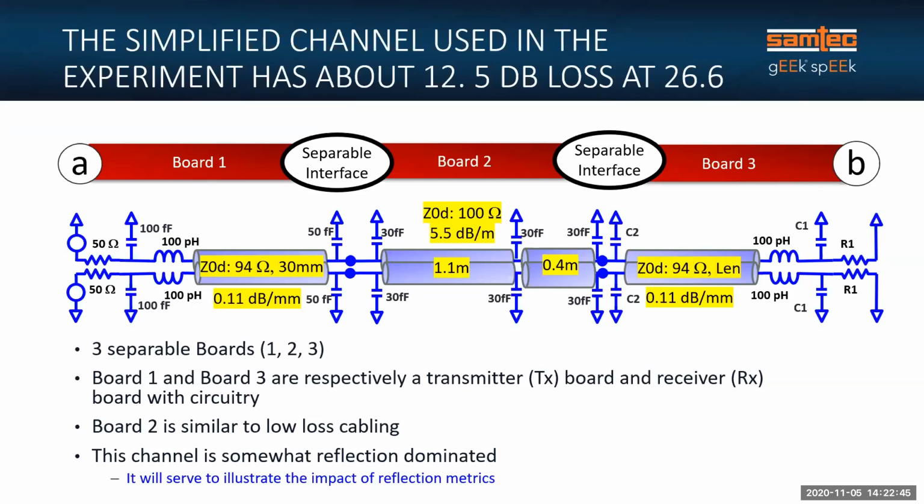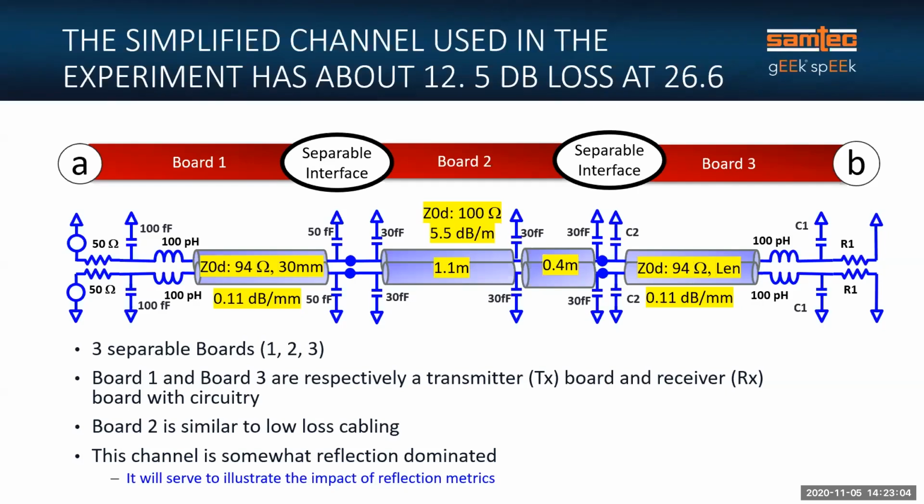Now we are going to focus on board 3. Board 1 is similar to transmitter and receiver boards, maybe packages, and board 2 is similar to low loss cabling.